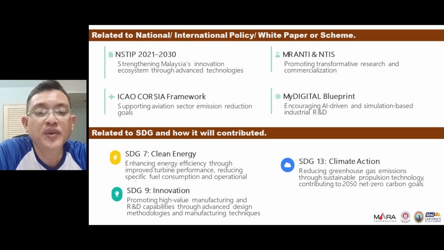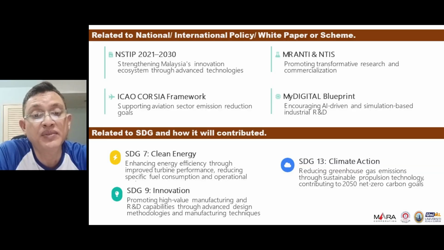This research aligns with Malaysia's national strategic priorities, particularly the National Innovation Policy, which aims at fostering high-tech industries such as aerospace and advanced manufacturing. By enhancing turbine blade cooling efficiency and reducing aerodynamic losses, the project promotes cleaner energy production and supports Malaysia's commitment to sustainable industrial growth.